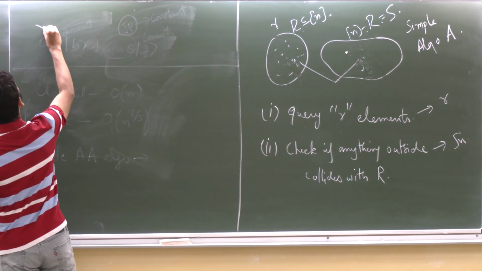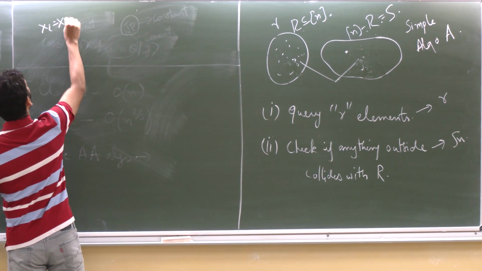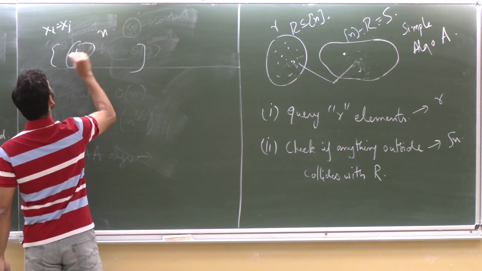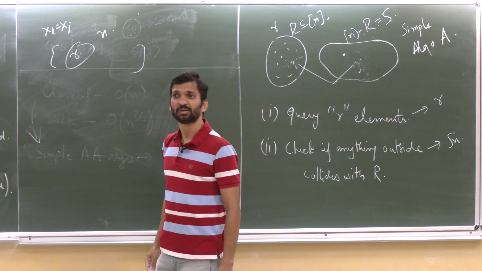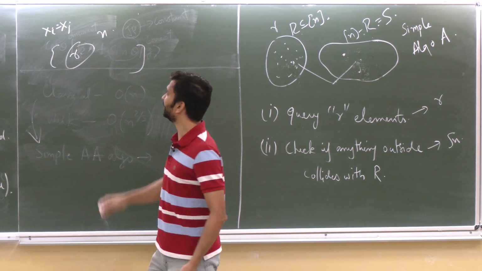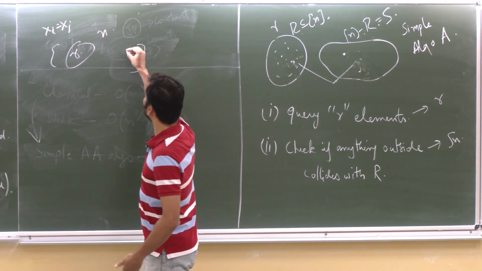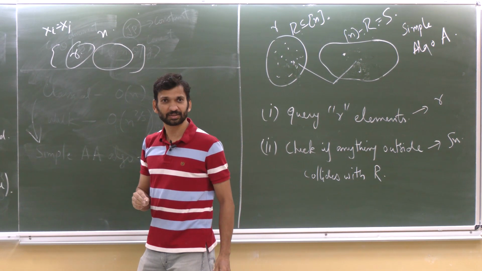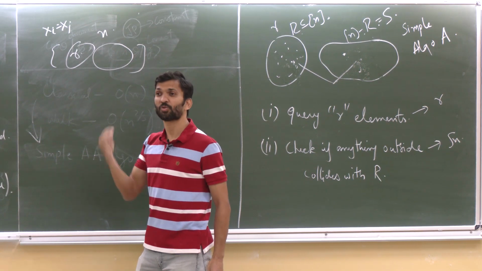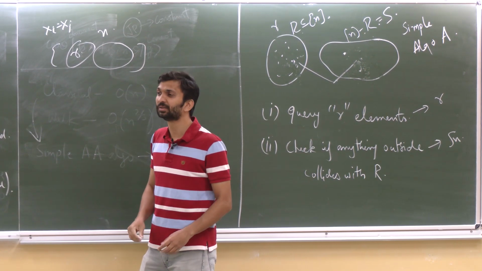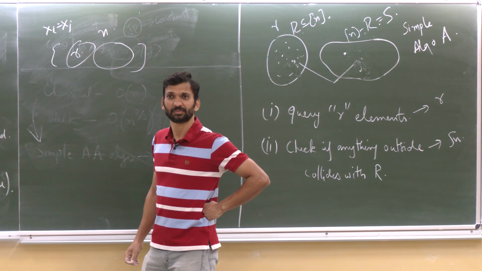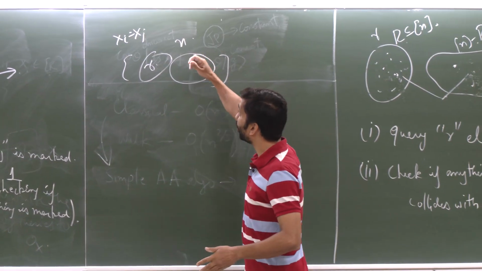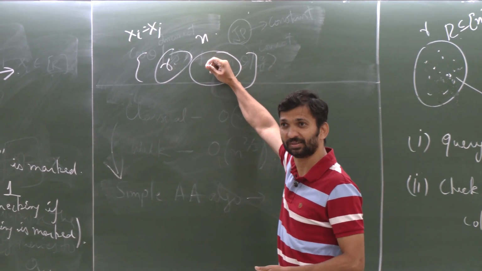So let's say xi equal to xj. Out of n elements, I pick a random set of r elements. What is the probability that, so the failure probability would be when both of them lie here, right? So what is the failure probability? Failure probability is when both i comma j are lying here.